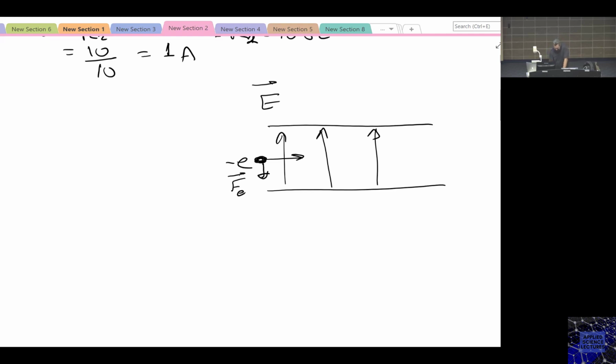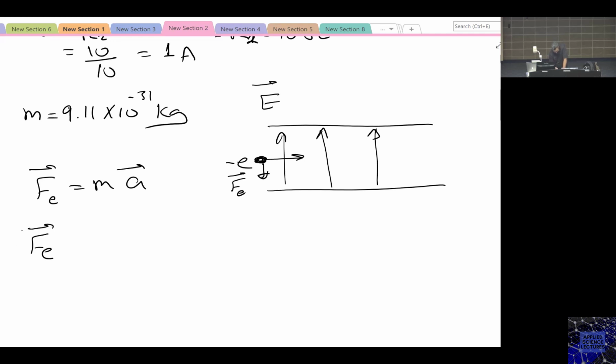Now, this electron has a mass. And in this case, Fe equals ma, and Fe is qE. So from equating those two expressions, you can calculate the acceleration.